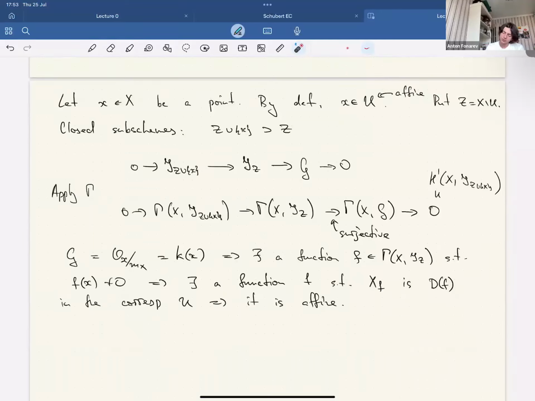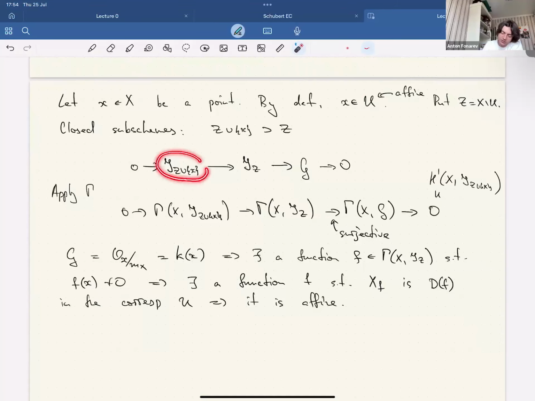We pick any affine neighborhood; this is our first step. Then we consider the ideal of functions that vanish on the complement of this neighborhood. We want to find a function that vanishes on the complement of this neighborhood, but doesn't vanish at X. How do we do this?